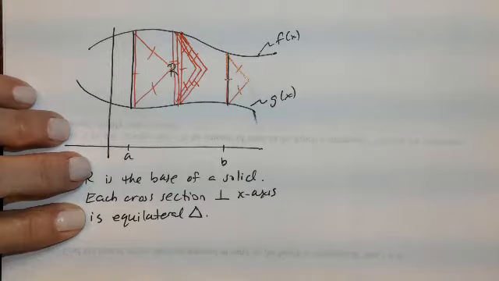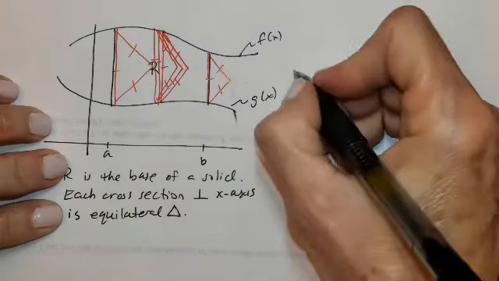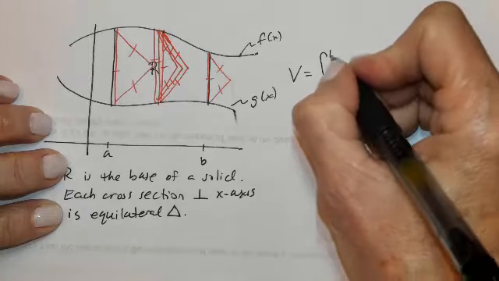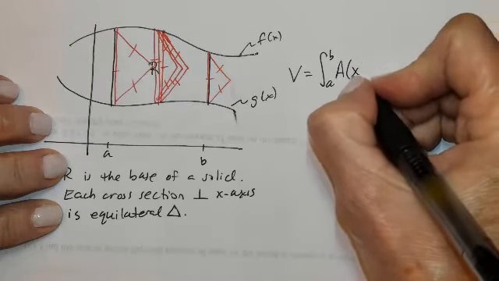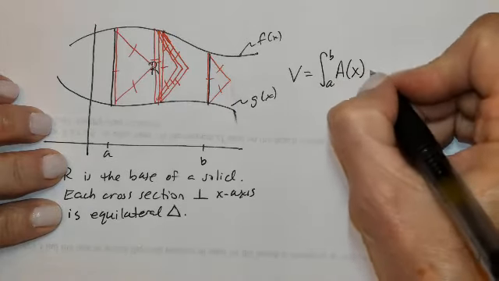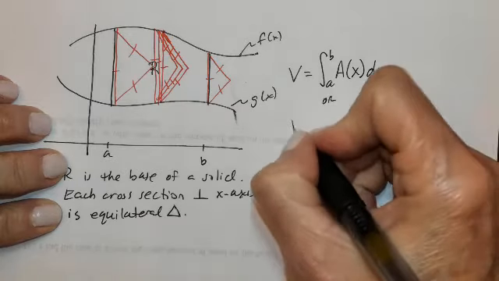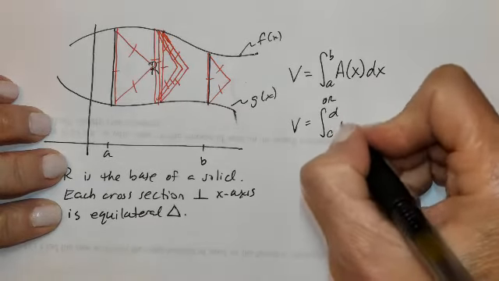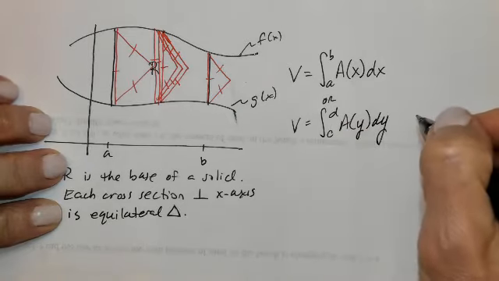So in general, our very most basic formula for volume is the integral from a to b of the area of each slice, of the area of each cross-section with respect to x. Or, if we're going right and left, c to d, of the area as a function of y with respect to y.